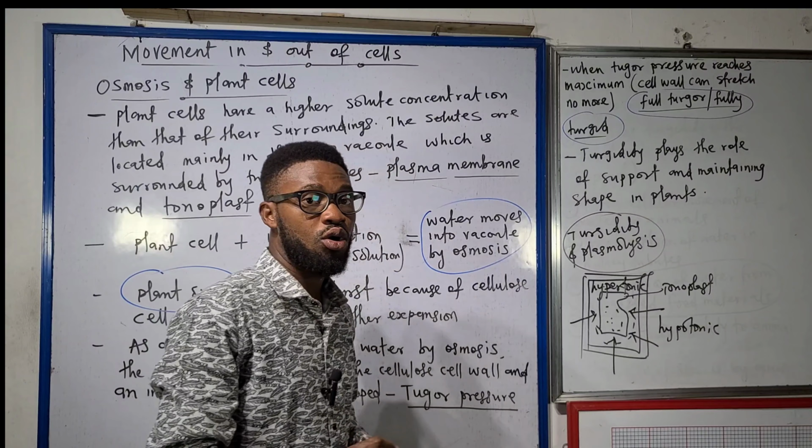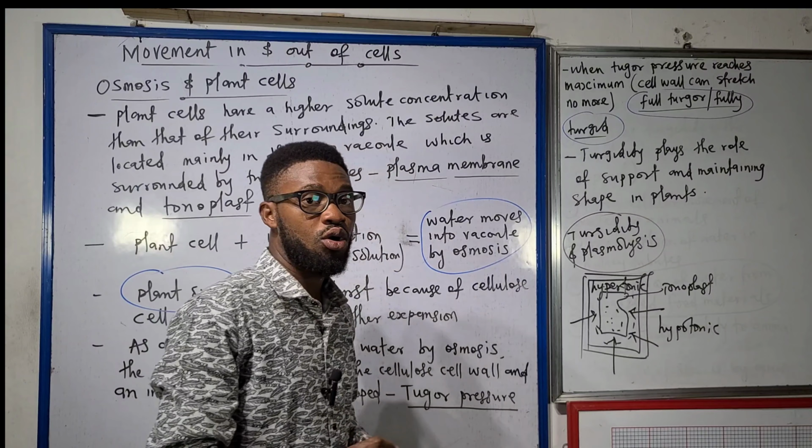Now, the moment water begins to move into the vacuole by osmosis, the plant cell swells, and the content of the cell is pushed against the cell wall, because as water moves in, the vacuole swells, and as the vacuole swells, it presses the organelles and the content of the cell against the cell wall, exerting some kind of pressure.